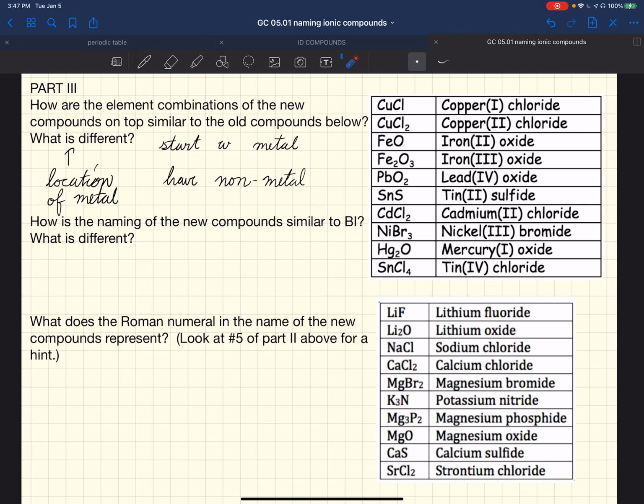What's different here is that there are Roman numerals. So it's the name of the cation with a Roman numeral plus the name of the anion.